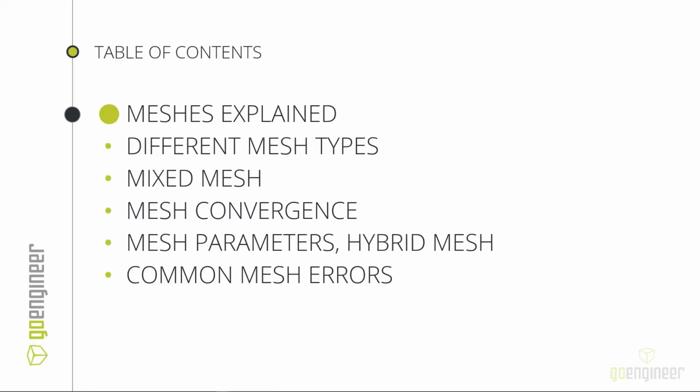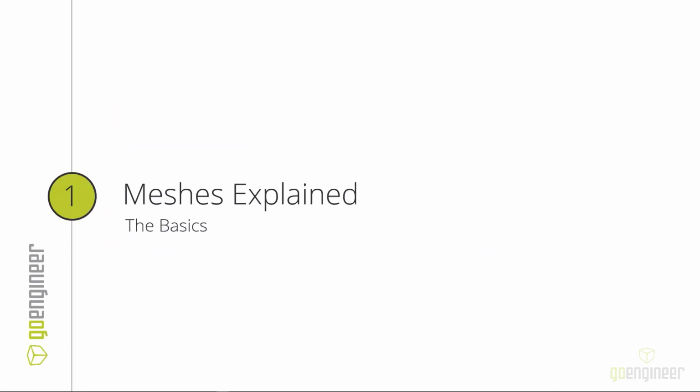Where we want to go is to talk a little bit about meshes and explain those, talk about the different mesh types, talk about a mixed mesh environment, using all those different mesh types together, the importance of mesh convergence and different mesh parameters. There are different settings that you can use to get different outputs of the mesh. And then any common mesh errors that you might encounter.